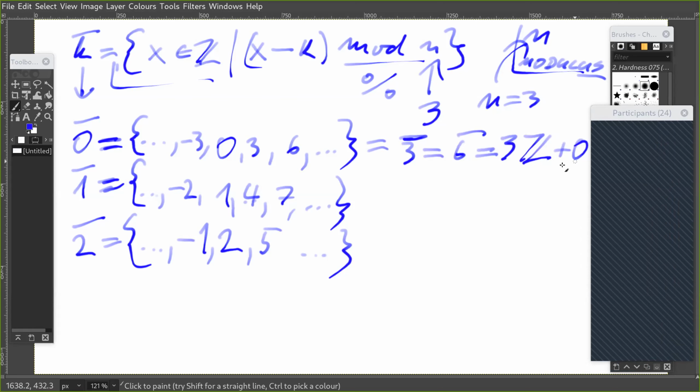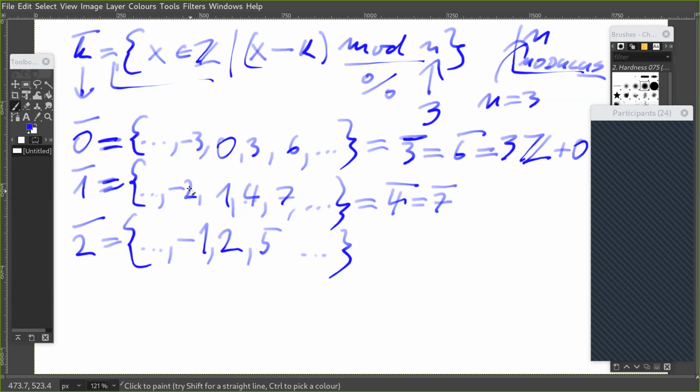We don't really have to write the plus 0, it's the same thing. Similarly, the residue class of 1 is the same as the residue class of 4 and of 7. I could continue writing all the numbers.